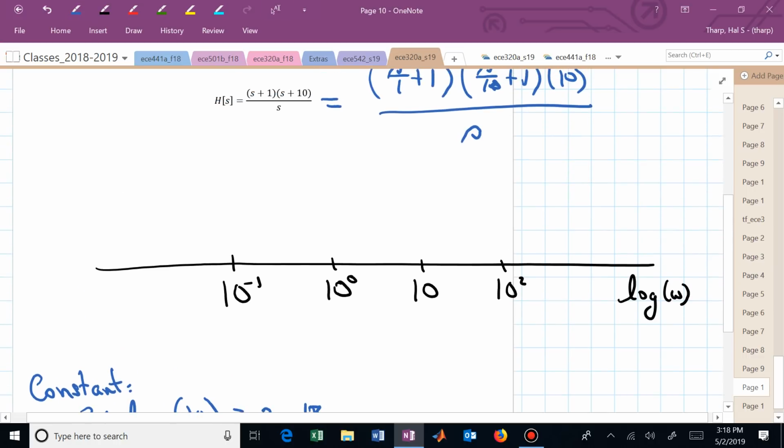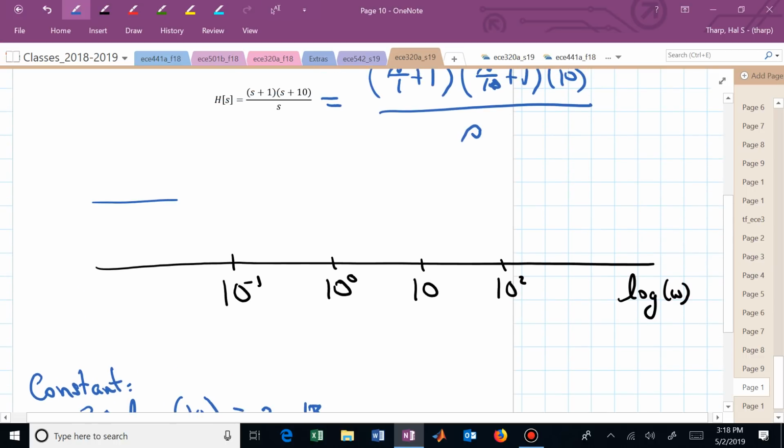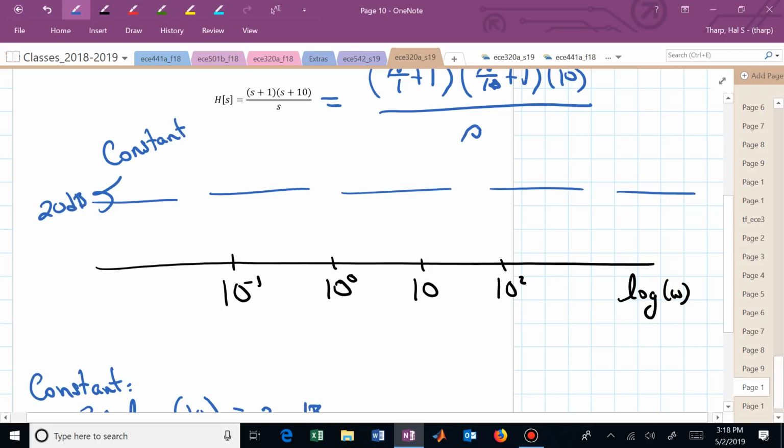And now we know the contribution due to the constant can be accounted for by that flat line at 20 dB for all frequencies.